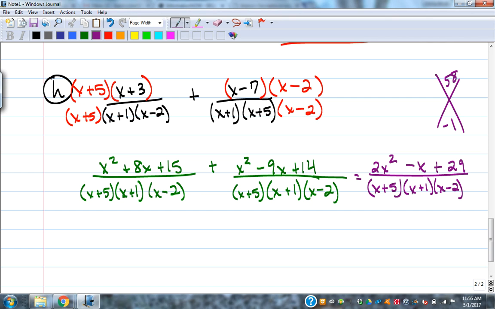There's nothing that multiplies to be a positive 58 and adds to be a negative 1. It can't happen, because they'd both have to be negative numbers to multiply to be a positive and add to be a negative. And things that multiply to be 58 are 2 and 29, and 1 and 58. Neither of those will add up to be negative 1. So we've simplified that one by adding those. Made it one fraction.